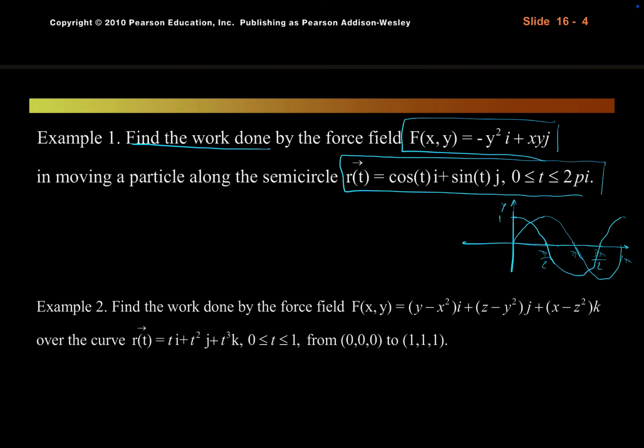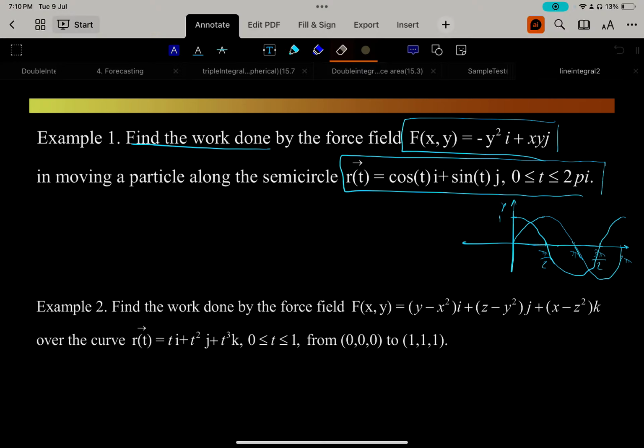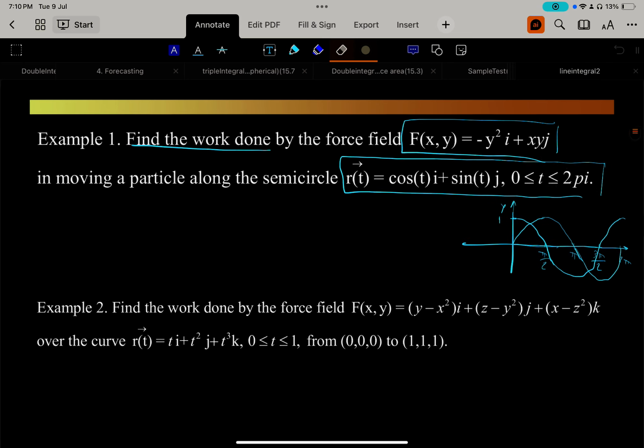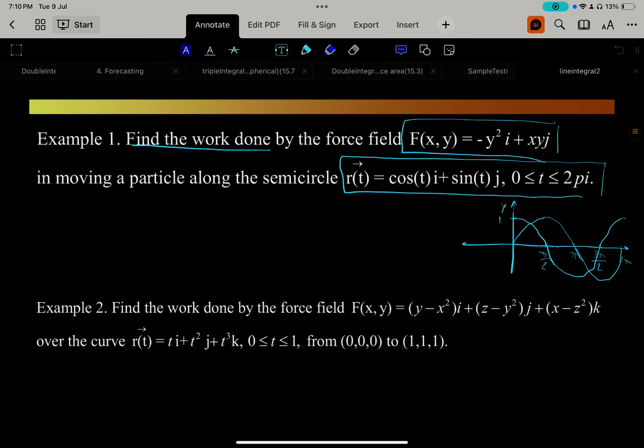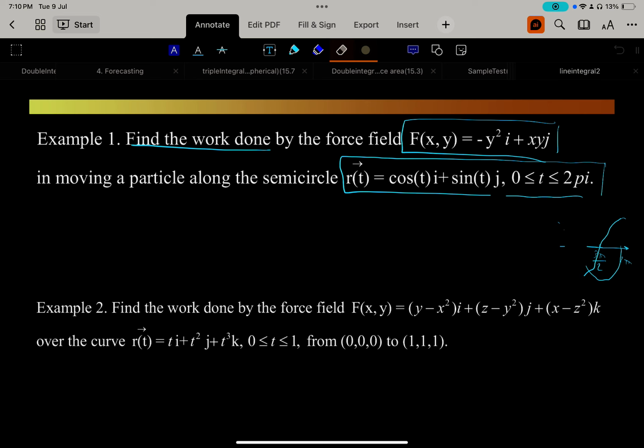Okay, so that's interesting. So cosine and sine. Okay, so how are we going to draw this? It's interesting. I think we should try to use the t here.